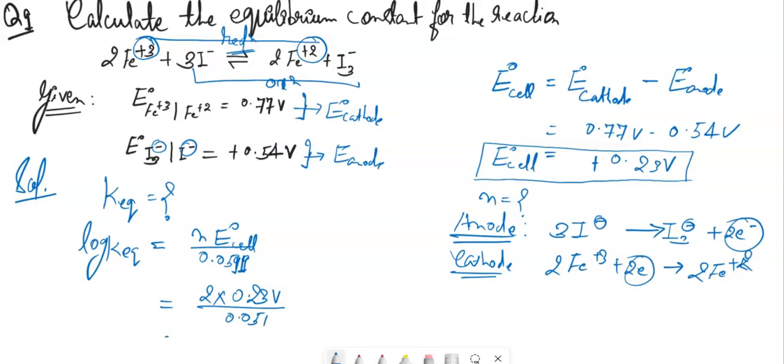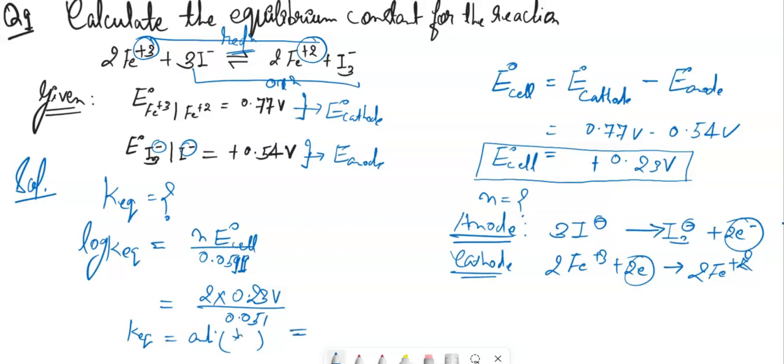Solve this value, and K equilibrium will be the anti-log of this whole value.